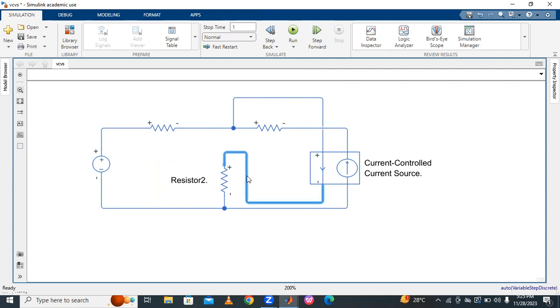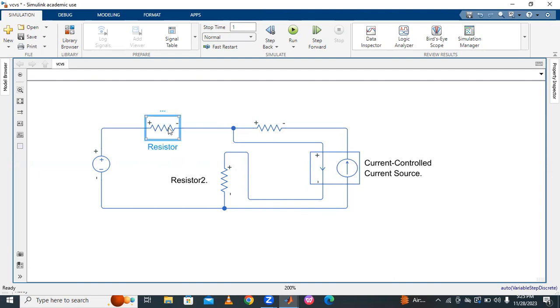So the current enters the branch in this way, entering and leaving through the resistor. That is called a series connection. This direction of current is the same as this current direction. Like this we have to connect the current controlled current source.